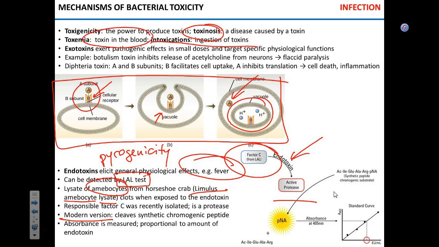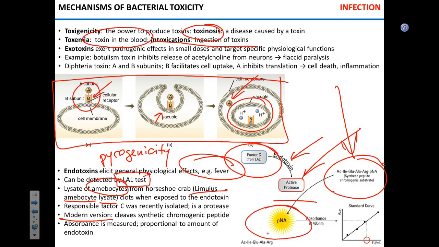What they've done next, they have created a synthetic substrate for this enzyme. When the enzyme is activated, this substrate that's shown on the right hand side of the slide gets cleaved and produces some kind of a color reaction.